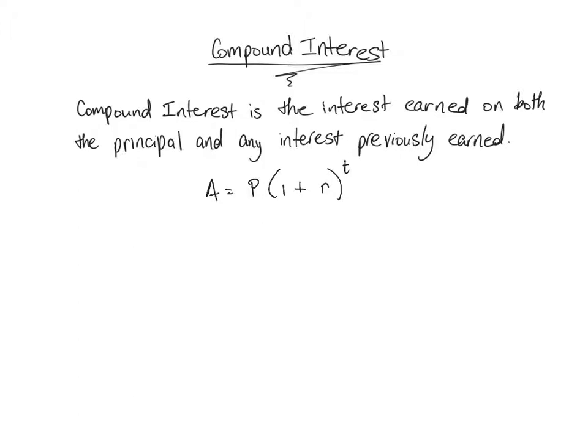A is the final balance, the final amount, what you end up with after however many years. Sometimes I use FV, sometimes F, different books, different courses. Whatever is over here, that's your final balance. Not the interest, but the final balance.